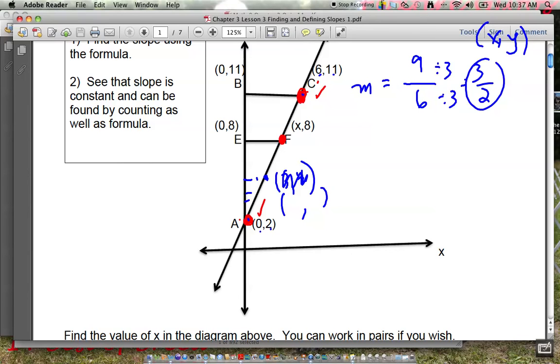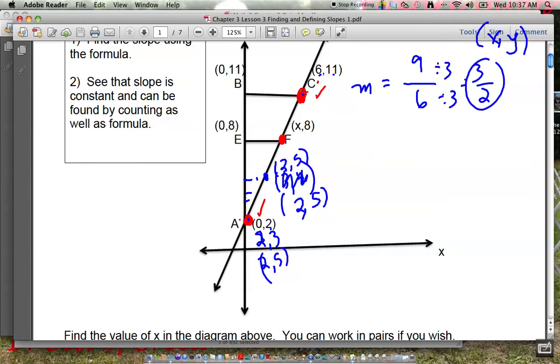So if I start at 2 and I go up 3, where do I go to? Start at 2, go up 3. 5. And if I start at 0 and go over 2, what do I end up at? 2. So if I go up 3 over 2, I end up at 2, 5. So here's the point, 2, 5.